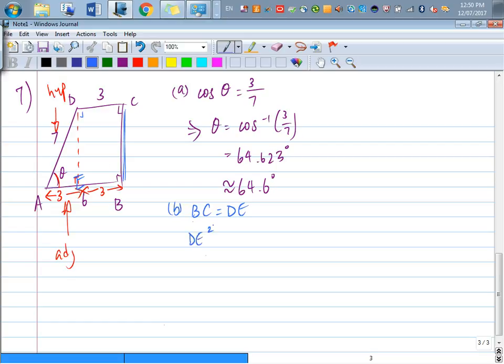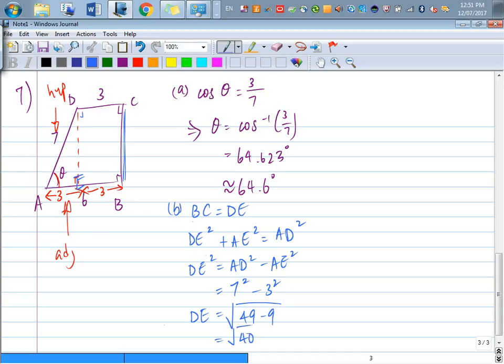DE square plus AE square equals to AD square. So DE square equals to AD square minus AE square. And AD will be equal to 7 square minus AE, which is 3 square. So DE equals to square root of 49 minus 9 equals to square root 40.